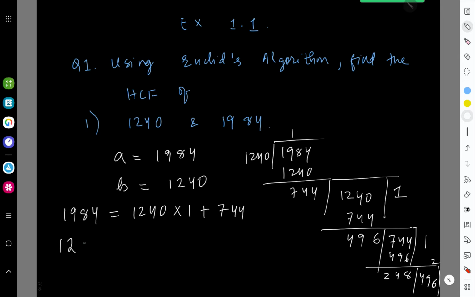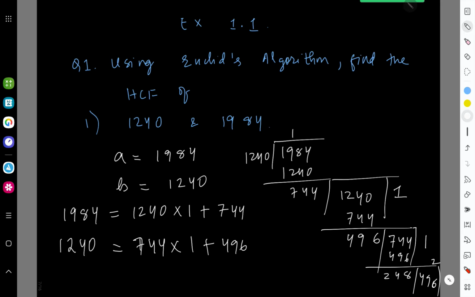So this is a new dividend, and this becomes our divisor. Basically, this will come over here and this will come over here. 744. What is the quotient? 1. What was the remainder? 496.